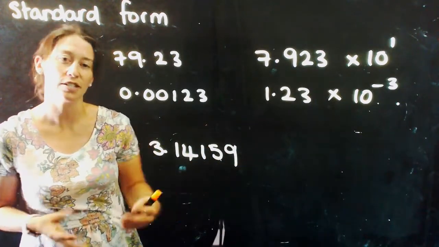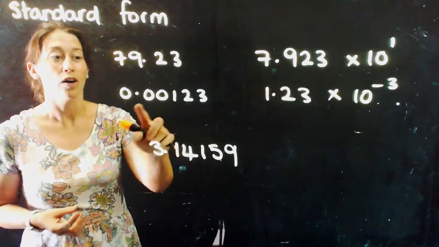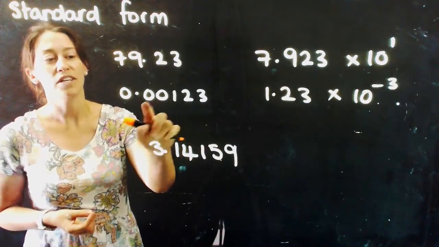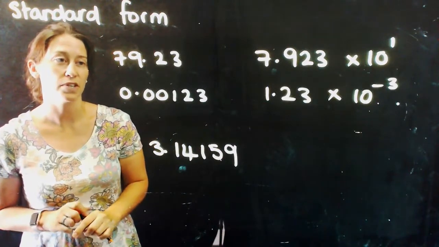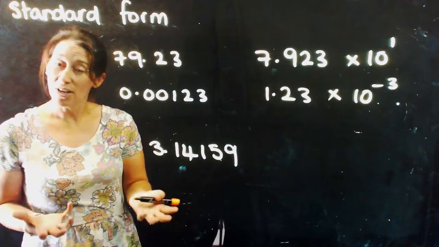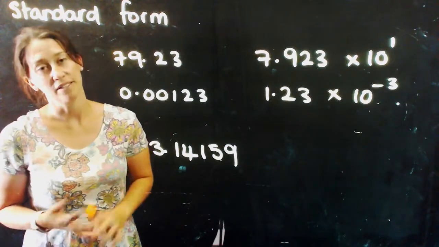So the number of digits tells you the number of significant figures. Here, this number is actually written only to 3 significant figures because these zeros don't count as significant figures. This is a 4 significant figure number, and so on. And that's pretty much everything you need to know about standard form and significant figures.